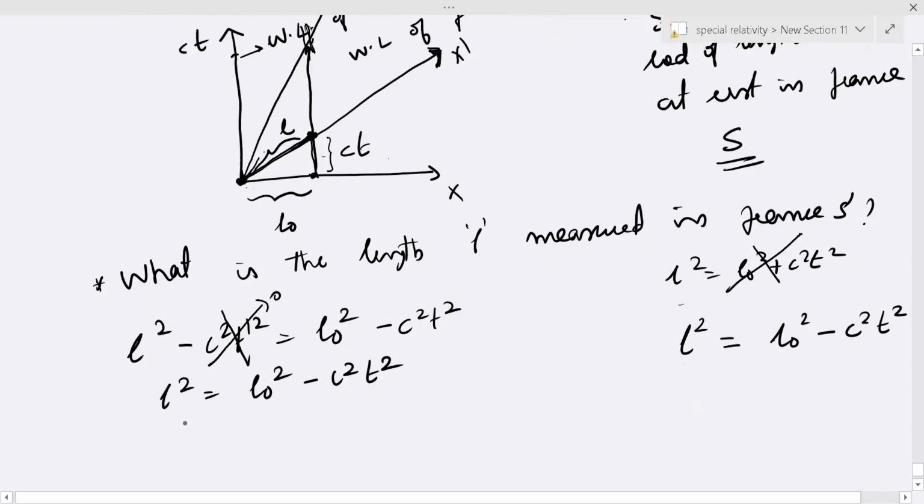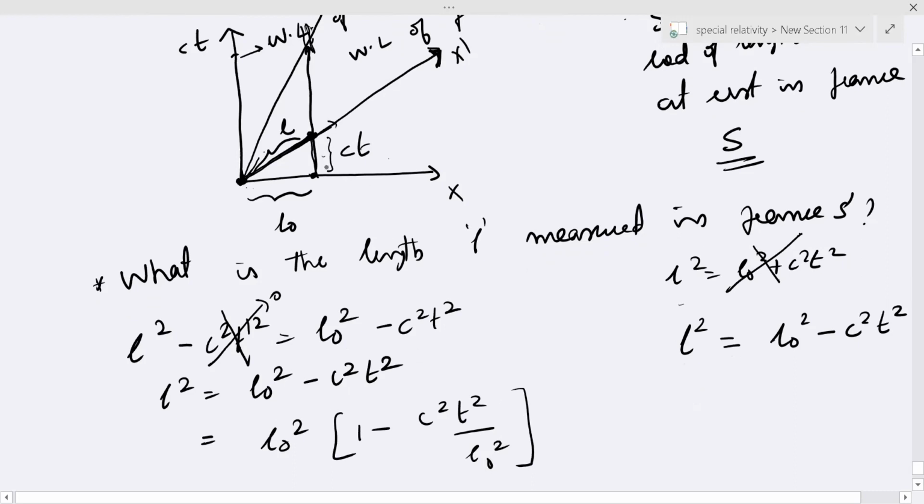Now this can be simplified in this way. You can take L0 square outside, so this is 1 minus C square T square by L0 square. For this line, we are not talking about the world line, we are talking about the X prime axis.